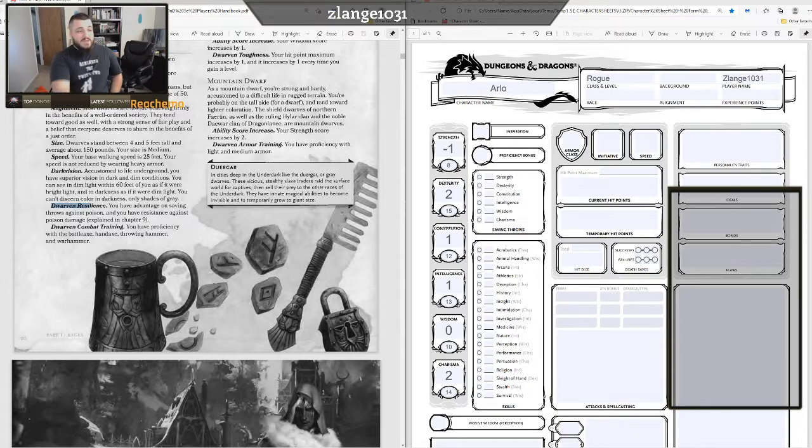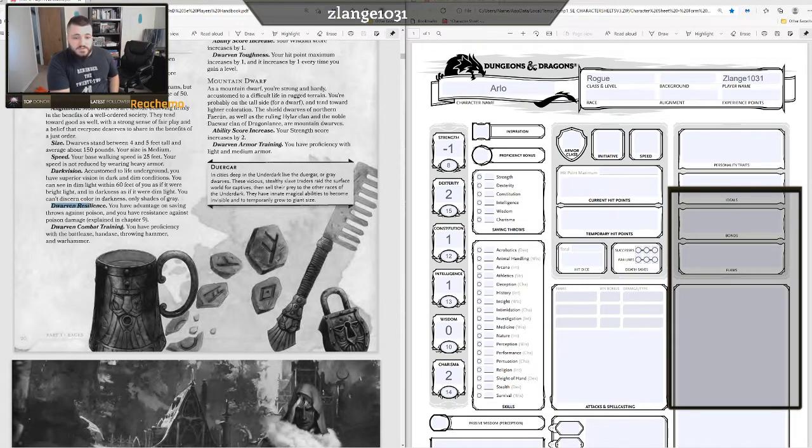If you have advantage, it means you have a better chance of succeeding, so you get to roll 2d20, two 20-sided dice, which are, I found my good one, these guys right here. They have 20 sides and 20 numbers, 1 through 20. With advantage, you roll two 20-sided dice at the same time, and you take the higher number of the two. It just shows that you have higher chances of succeeding.